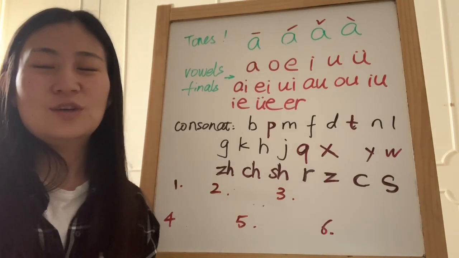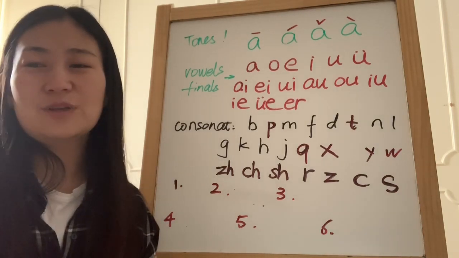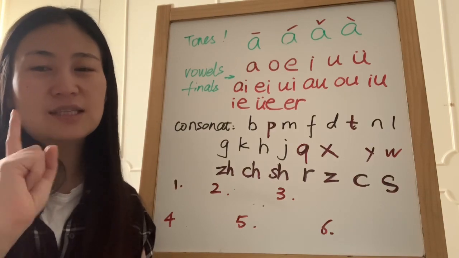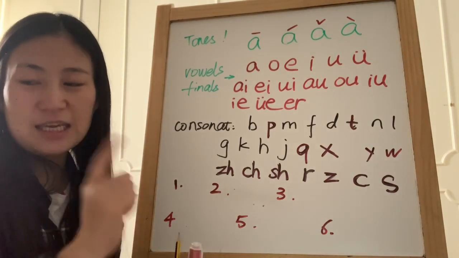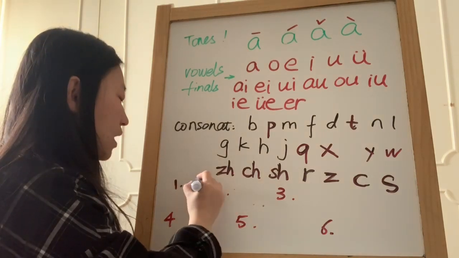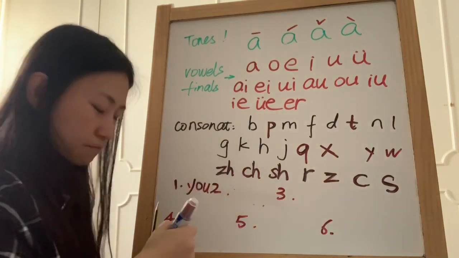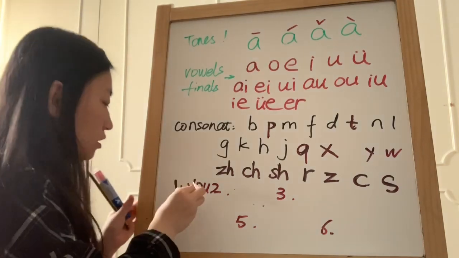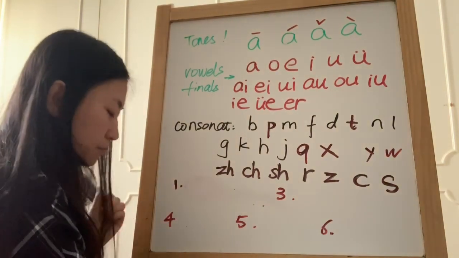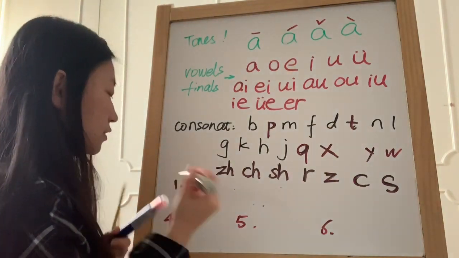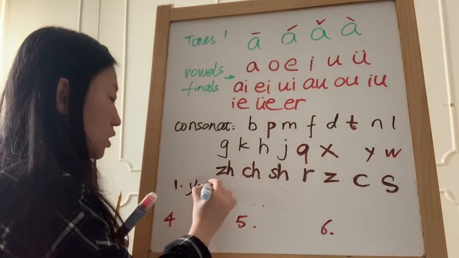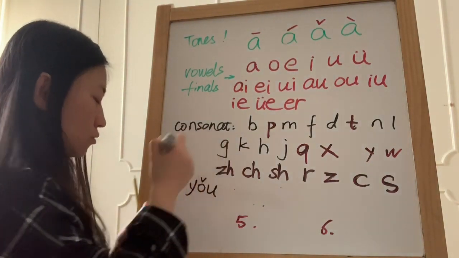Okay, so these 3 are easy because these words only have 1 syllable. So let's see. The answer is, the first one is 有. It's better I use another color that you can see better. Okay? The first one is 有.